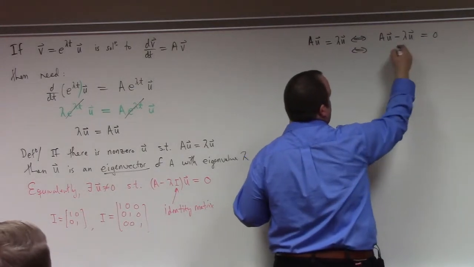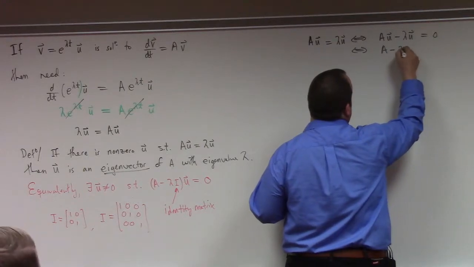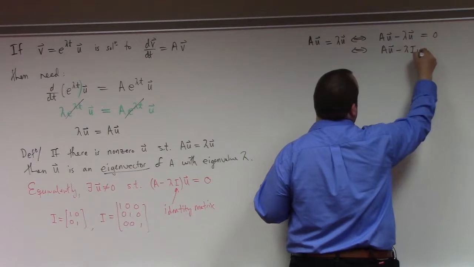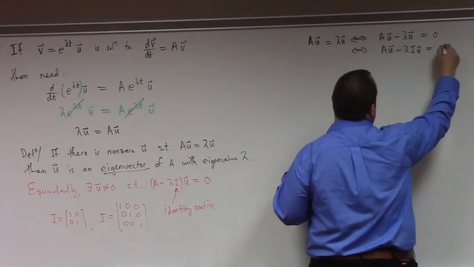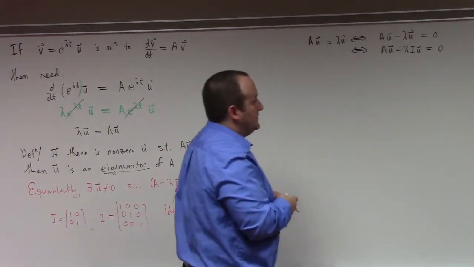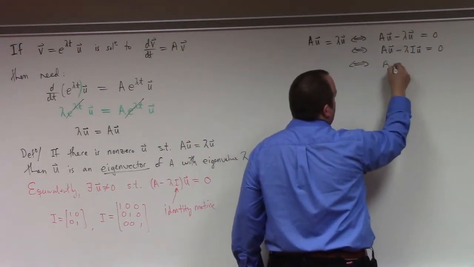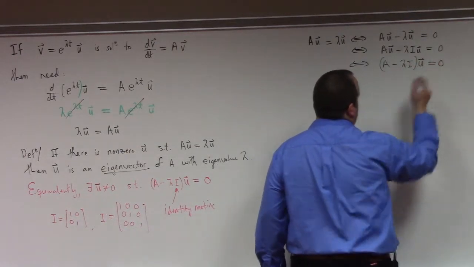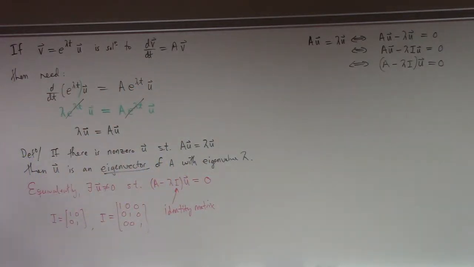And then this is the same as Au minus lambda, the identity matrix times u, because the identity matrix times anything is just that anything again. So Iu is equal to u again, and then I can factor out the u. I'm just trying to give you the details of why what I wrote in red is equivalent to what I wrote in black there.